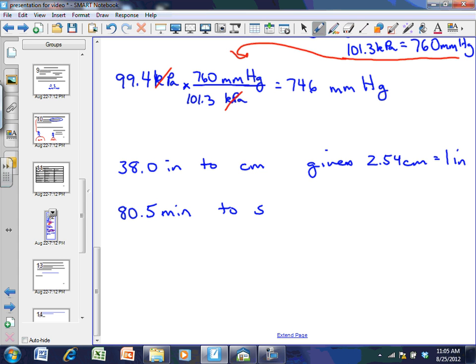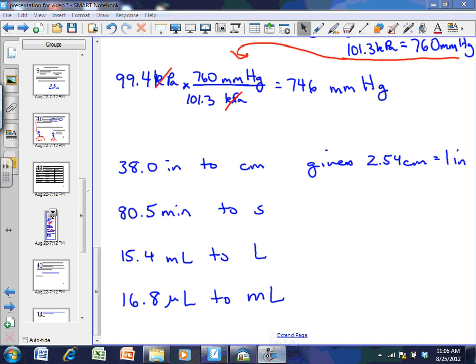And how about 15.4 milliliters to liters. And then I'll give you one that's a little more complicated: 16.8 microliters to milliliters. Okay, I'm going to stop it there, and in the next video I'll go over those 4 problems.